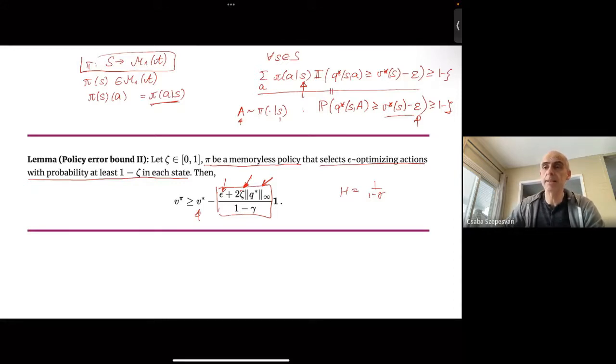This just increases the sample size by a log h factor in an additive fashion, so it's not a big deal. It's a log h over epsilon squared more samples needed. So it's a mild dependence, and the number of states won't appear.